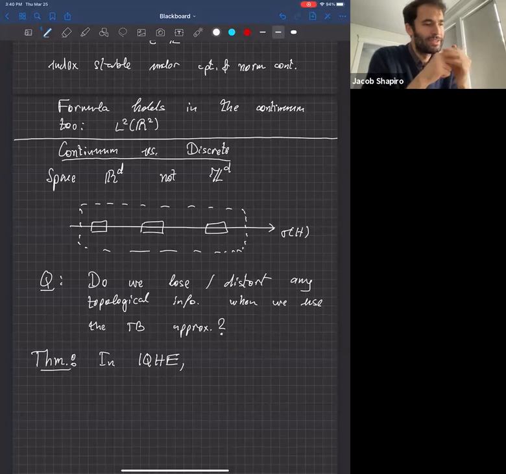I mean, in a metaphorical sense, I would say yes, but more concretely, not really, because what we discretize is indeed space, but what we care about, the classification, is not that of real space, but really it's a classification of quantum mechanical operators on space. So when you have discretized space, you got a new family of such operators, and the question is whether the classification scheme of this family of operators remained the same, whether the description was accurate.